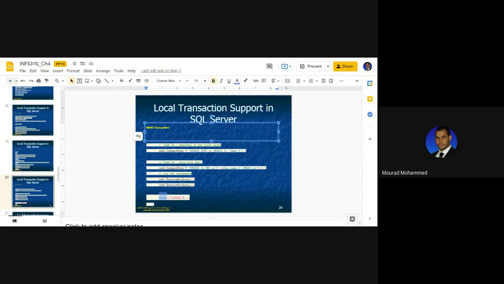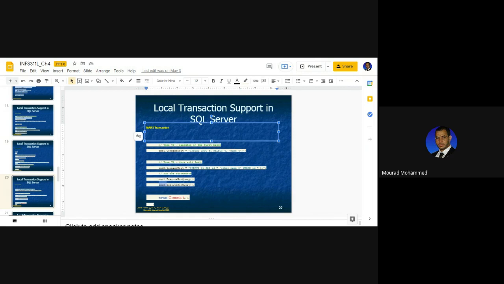Either we commit the tran or we roll back the tran. The cmd1 belongs to the tran, cmd2 belongs to the tran also. Thus, we are committing both or canceling both. This is a MARS transaction.